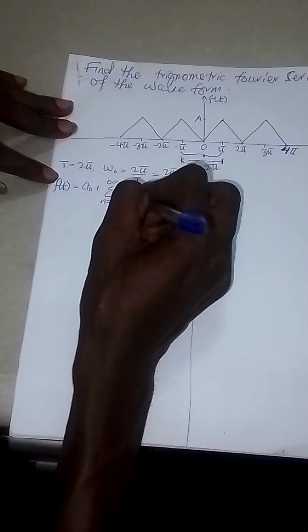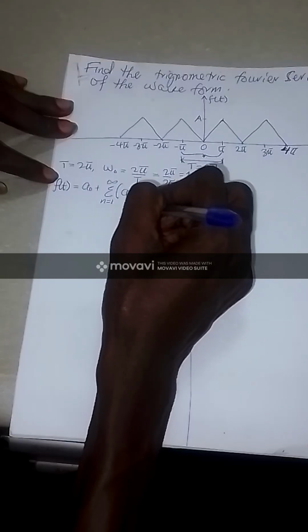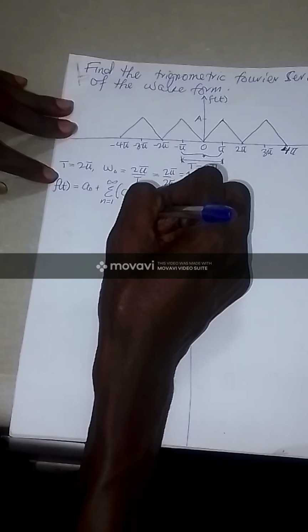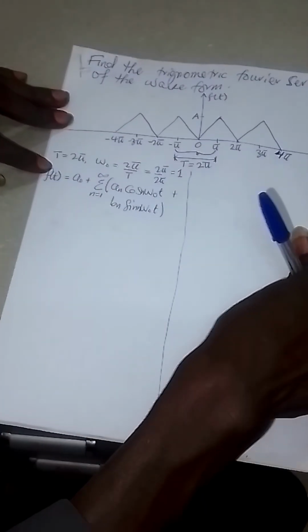So f of t is equal to a naught plus the summation from n equals 1 to infinity of a n cos n omega naught t plus b n sine n omega naught t. Alright, let me close it here. So this is the equation.